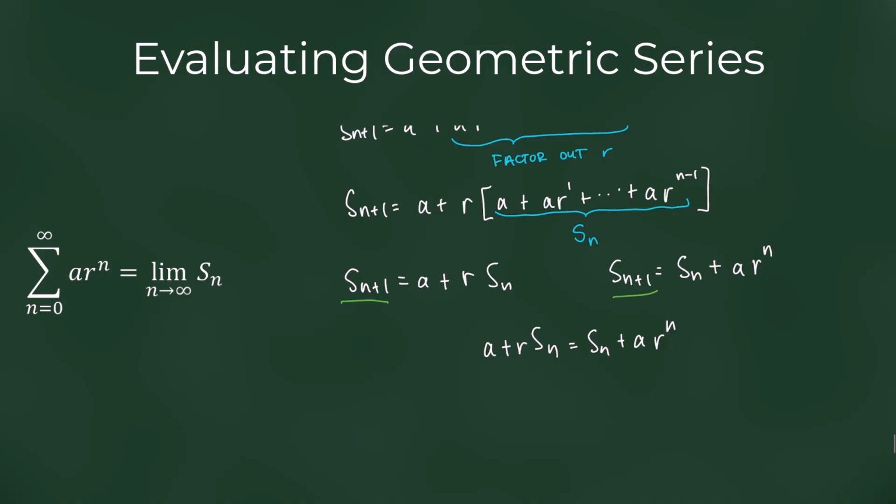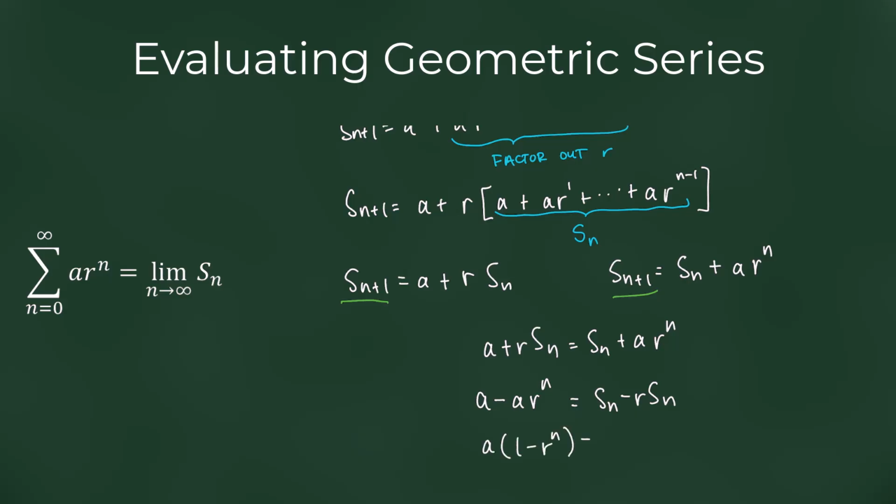Our goal here is to find an expression for s sub n. So what we'll do is get our s sub n terms on the same side. So we'll rewrite this as s sub n minus r copies of s sub n on the right, and that gives us on the left a minus a r to the n. On the left, I'm going to factor out an a.